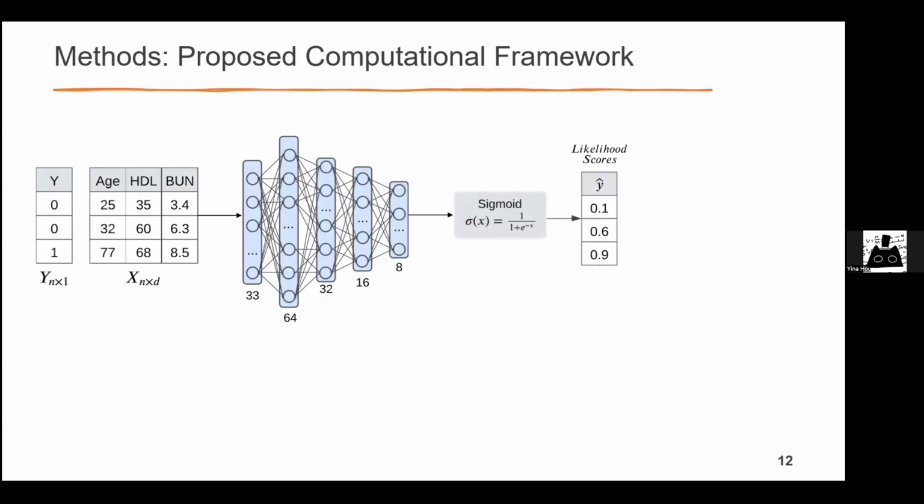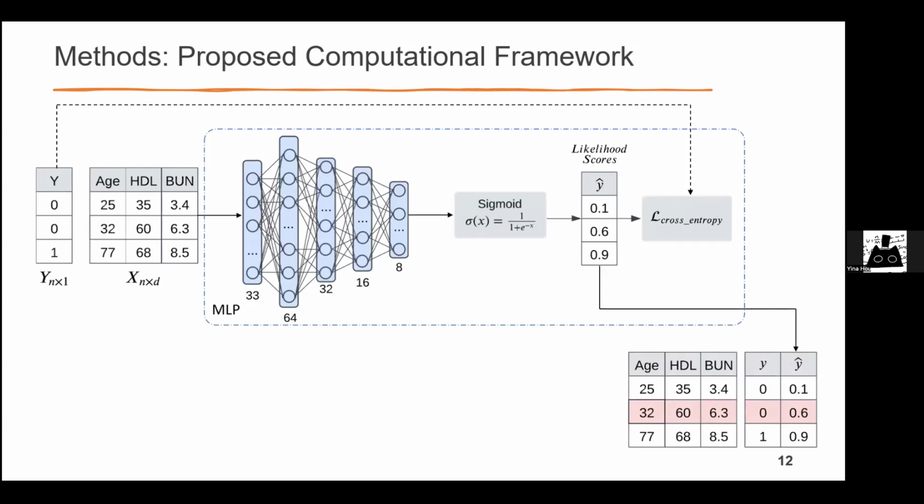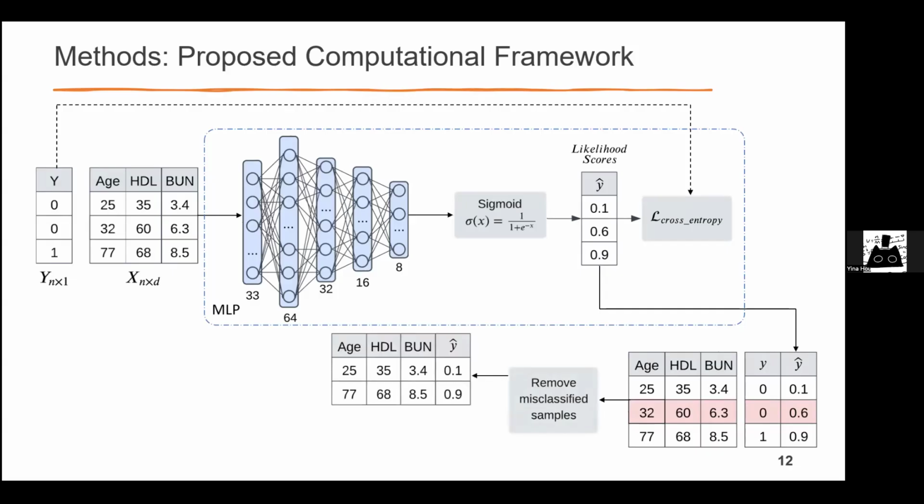The model is trained using class-weighted binary cross entropy loss to optimize the MLP. Based on the true label and likelihood score, we remove the misclassified samples and get the final data we will use for CSD models, and get the final causal results.